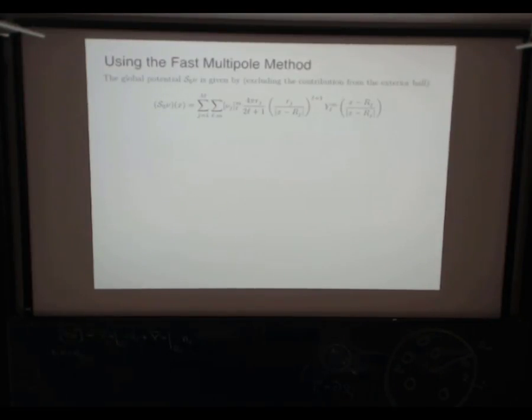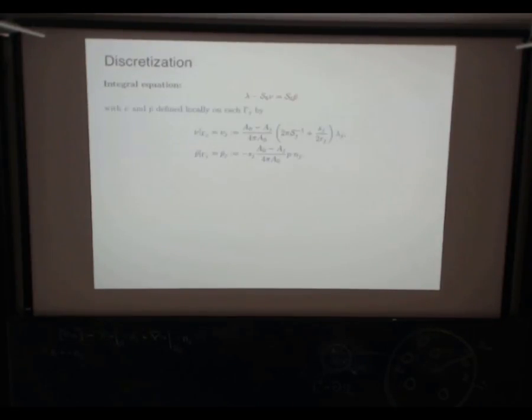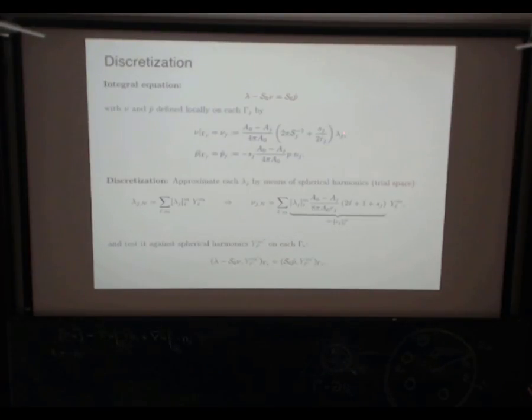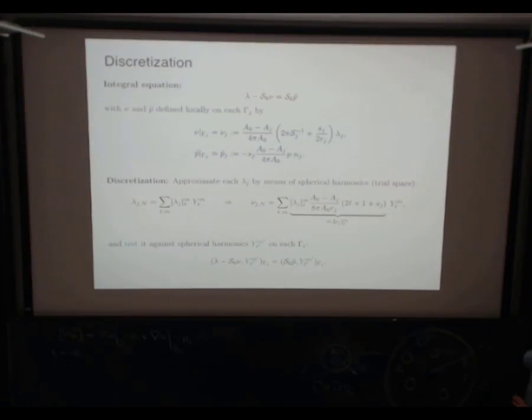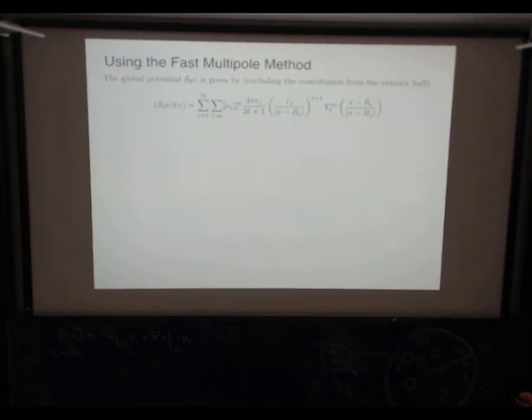Okay, so one remark is that now the mapping from lambda j to nu, this is indeed local. This Sj is a global operator, okay? So this means if I have a density on one sphere, then in order to compute Sj on the other one, it's a convolution over all the spheres, so there's a global interaction, and this can be handled with the fast multipole method.